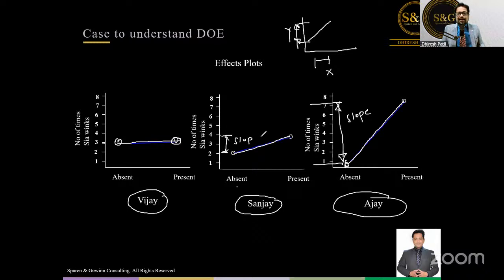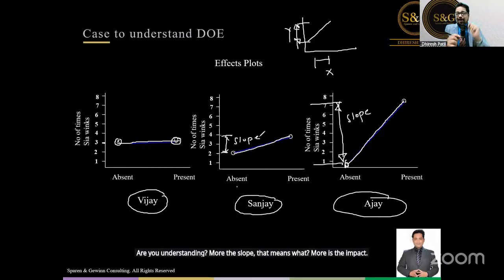Are you understanding? Just give me yes in the chat box. And the higher the slope, the more is the impact of x on y. Are you understanding? The more the slope, that means what? More is the impact of x on y.